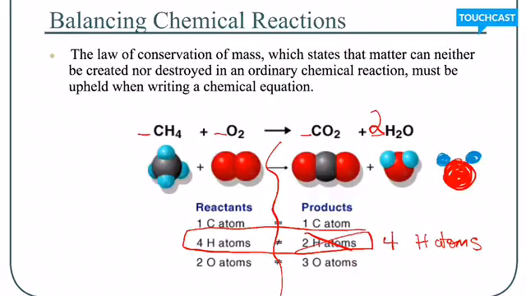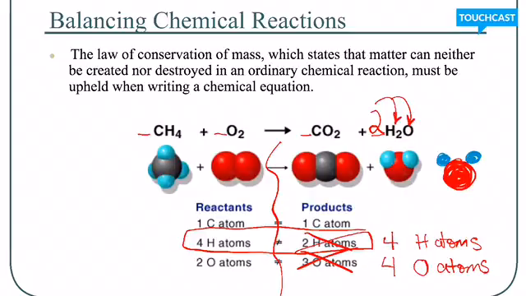But when I place the 2 in front of the water, not only did I increase the number of hydrogen that I have, but I also increased the number of oxygen that I have. So I need to make sure that you keep track of all of this. Every time you add a coefficient, you're going to want to make sure that you incorporate that coefficient into all the atoms that you placed it in front of, right? Okay, well, now I've got 4 oxygen atoms total.